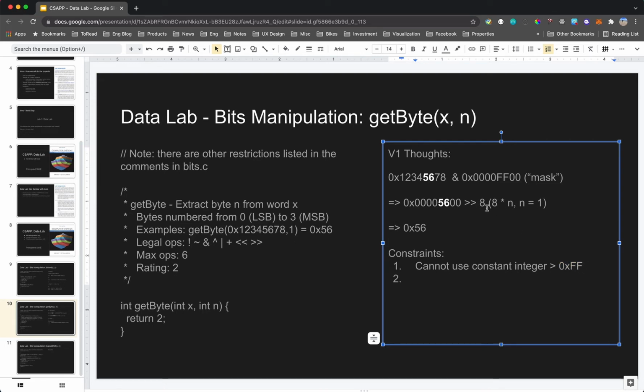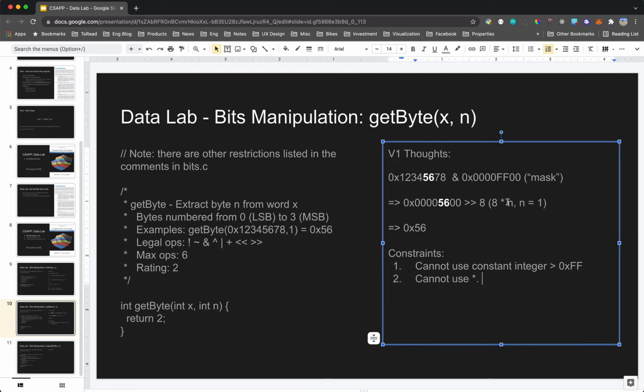The second constraint is that we cannot use multiply operations. The only legal operations here do not include multiply. The good thing is we always multiply n by 8, no matter what n is.